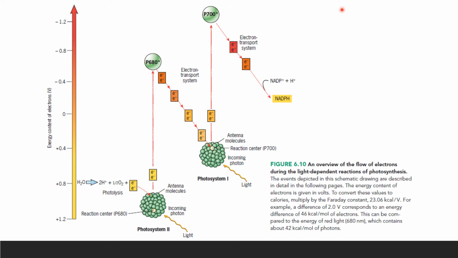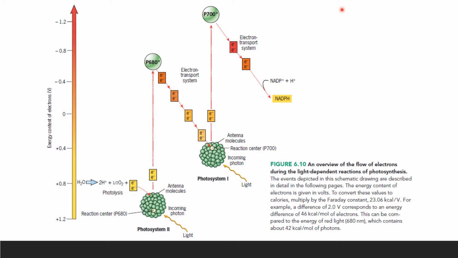So when sunlight strikes a thylakoid membrane, energy is absorbed by the antenna pigments of both PS2 and PS1 and passed to the reaction centers of both photosystems. Okay? So electrons of both reaction center pigments are boosted to an outer orbital, and each electron is transferred to a primary electron acceptor.